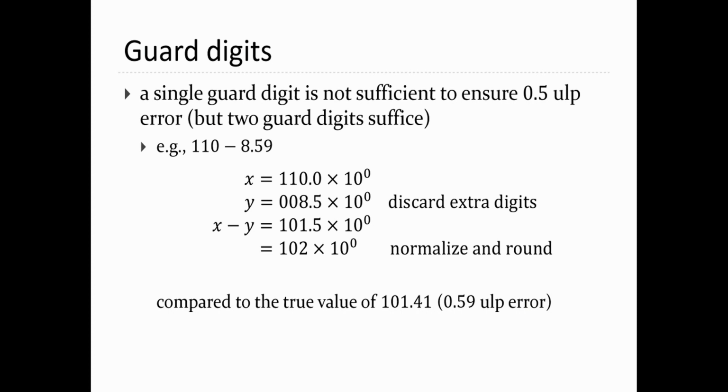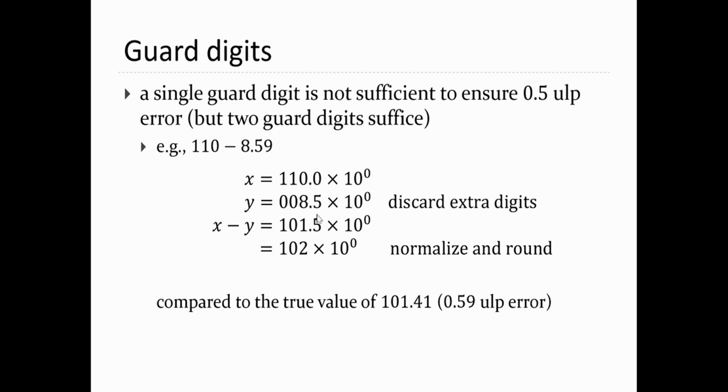It turns out that if you just use 1 guard digit, that's not sufficient to ensure 1/2 ULP error. For example, here's 110 minus 8.59. The true answer is 101.41 or something like that. So just apply the algorithm. I get 1 guard digit, so 110 is just 110.0 times 10 to the 0. What's 8.59 using 10 to the 0 as the exponent?